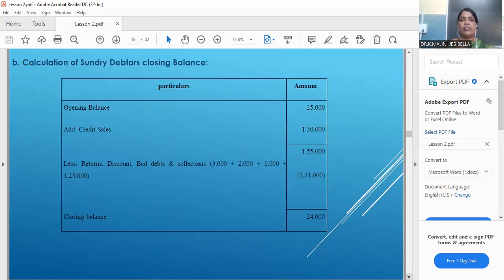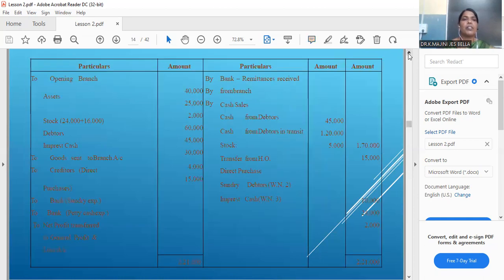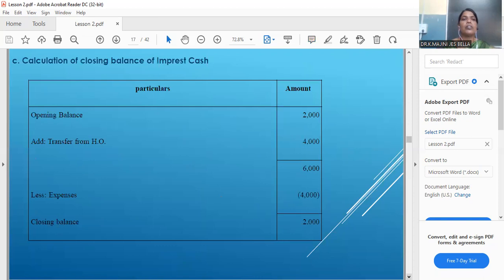Okay. Next, you come to this calculation of closing balance of interest cash. Closing balance of interest cash also we have to find. How much is the opening balance of interest cash? 2,000, right? Here they have given. See here, interest cash. Opening balance 2,000, right? So you have to write it 2,000. Then transfer from head office. We should add the amount which is transferred from head office, 4,000.